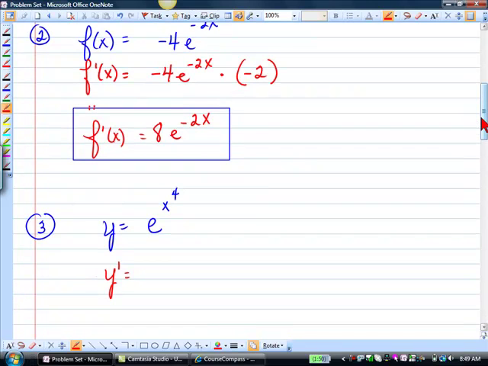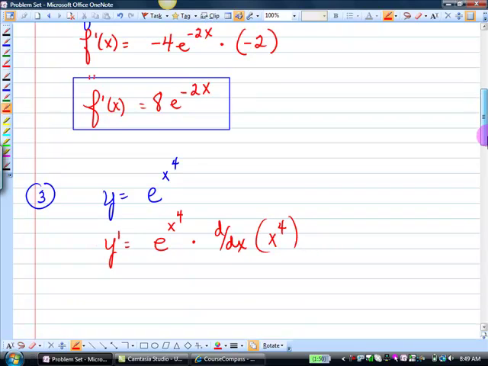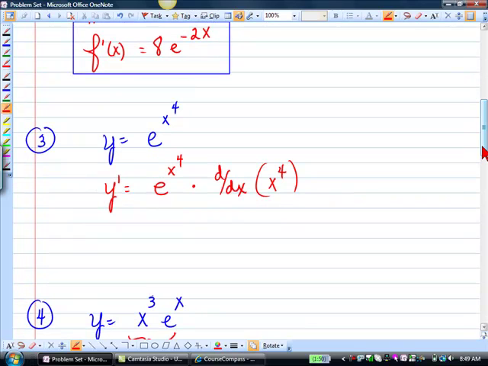All right, e to the x to the fourth. E to the x to the fourth. We're going to have the original times the derivative of x to the fourth. What is the derivative of x to the fourth? 4x cubed. Okay.